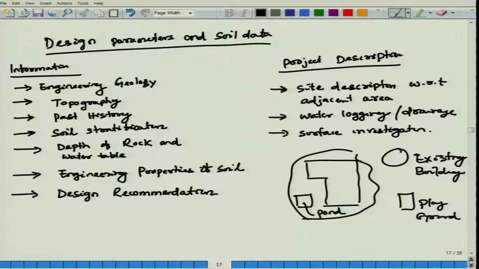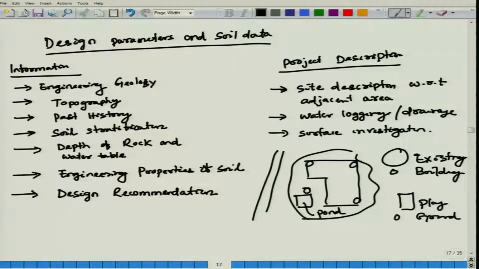Then how do you take a call? Even if there are different thumb rules, you can take corners 1, 2, 3, and as there is a pond nearby, you can consider 1 point for your boreholes, 1 point for the existing building here, or the playground you can put here.